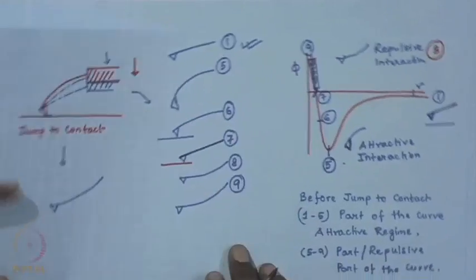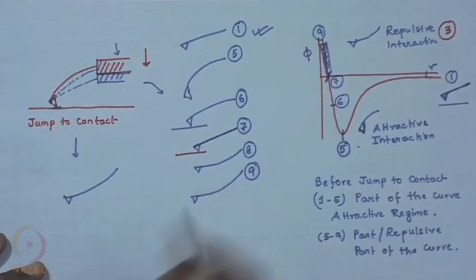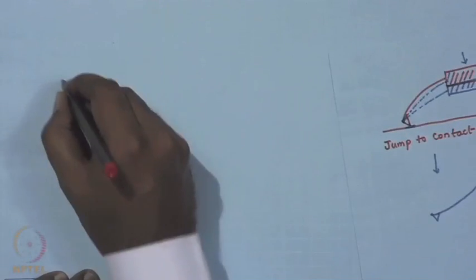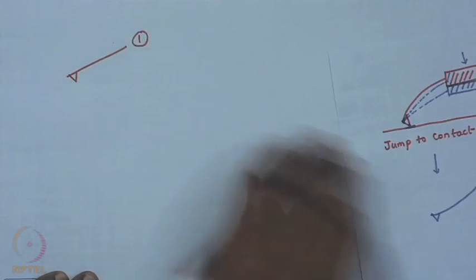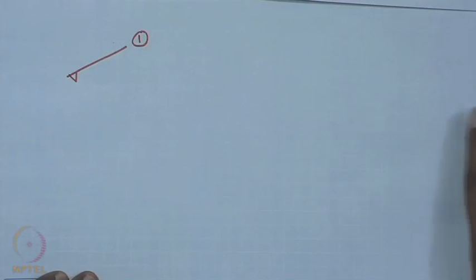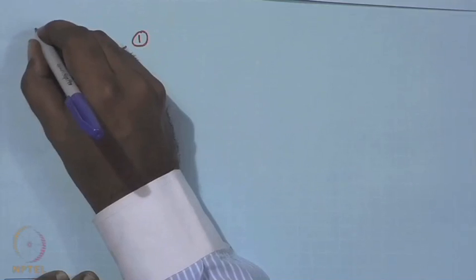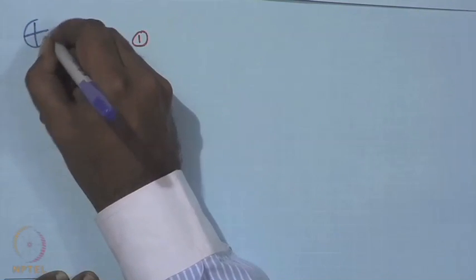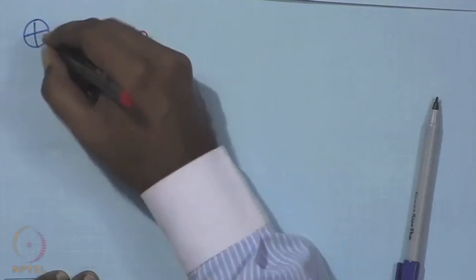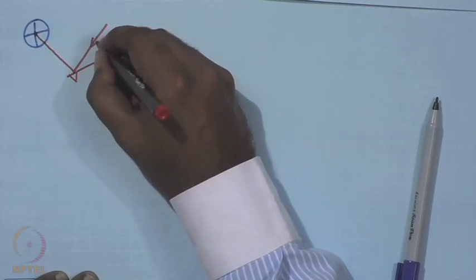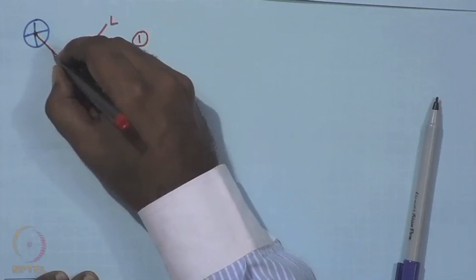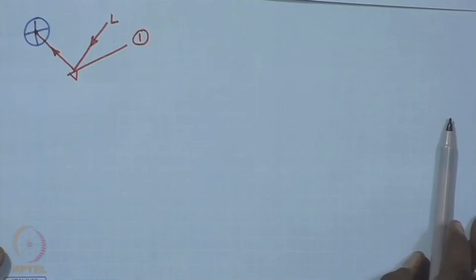If you remember, one is a deflection-free configuration, and if you remember the sequence of alignment, let us say this is configuration 1 of the cantilever, and on the QPD or the PSD, your laser light is getting reflected. This is the laser source, it gets reflected and falls at the center of the QPD.